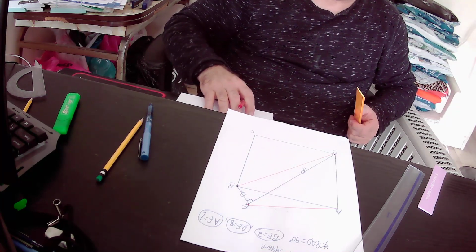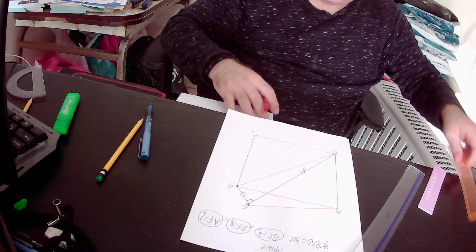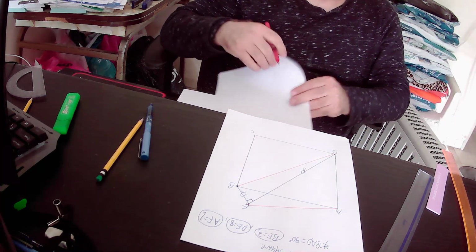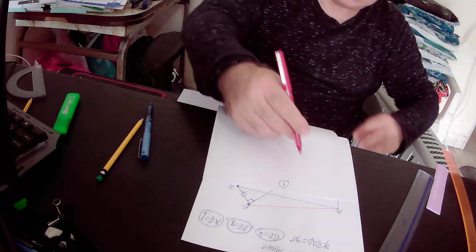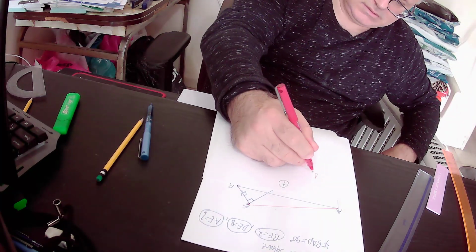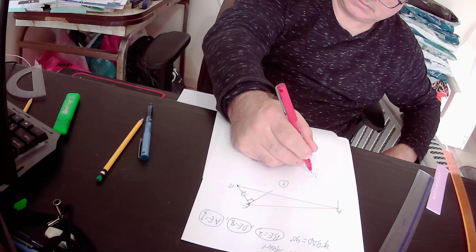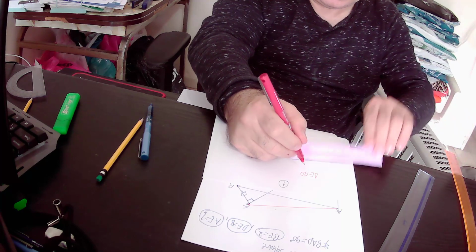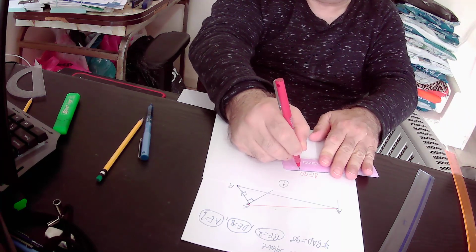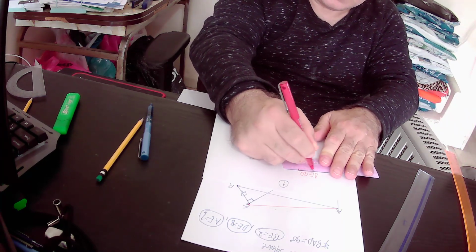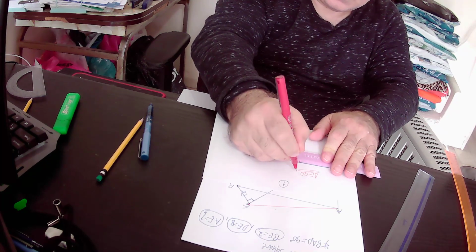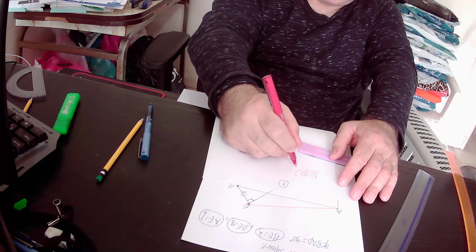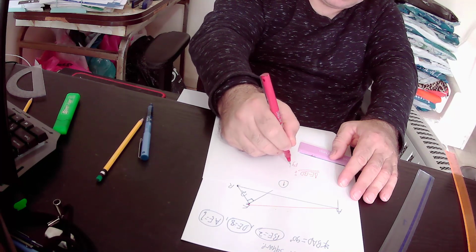So we'll focus on the right triangle EBD, according to the Pythagoras theorem.